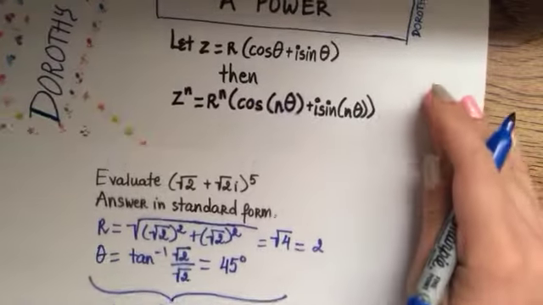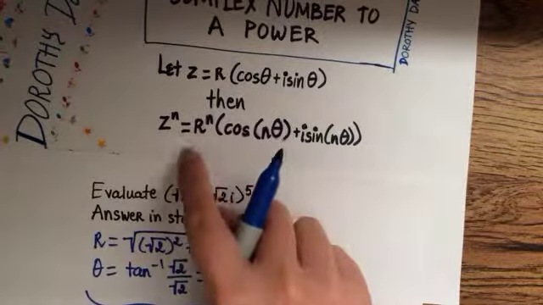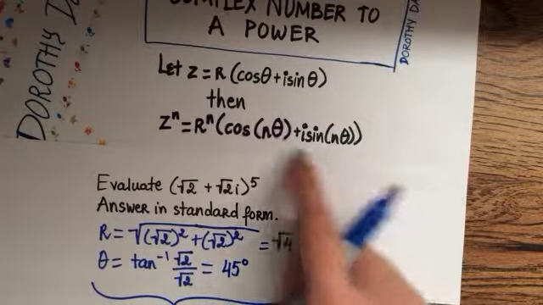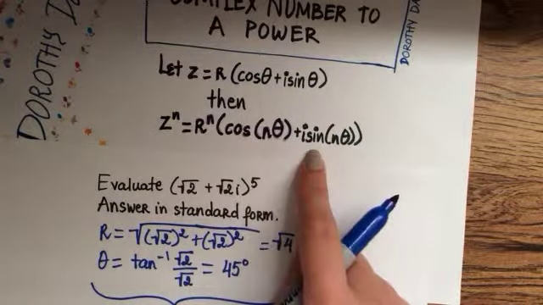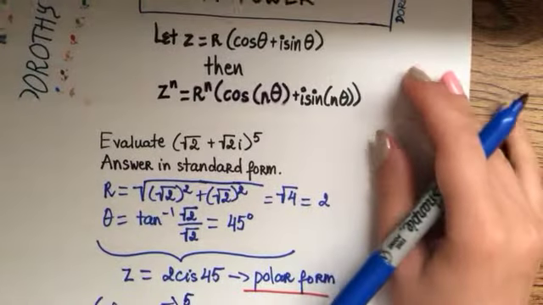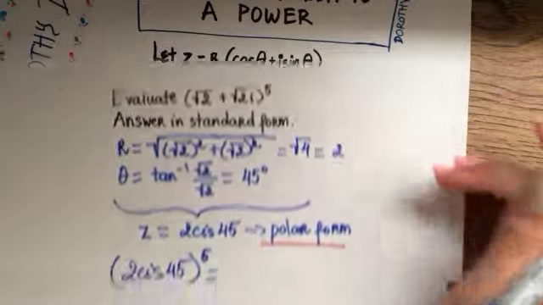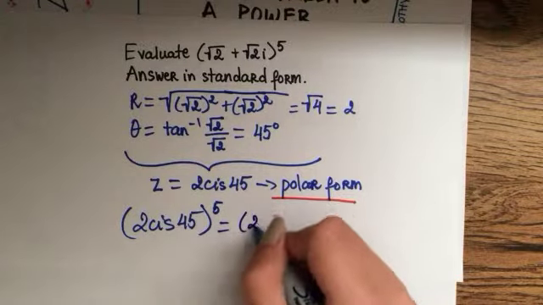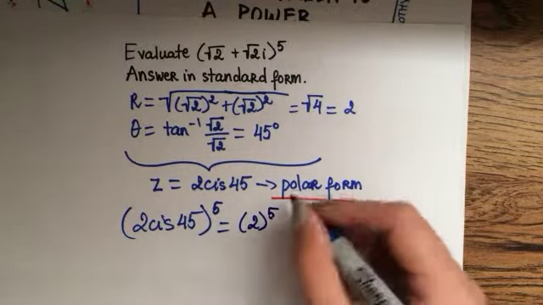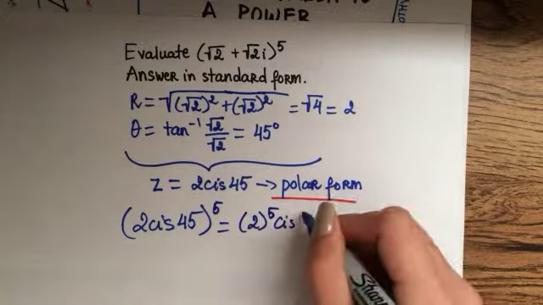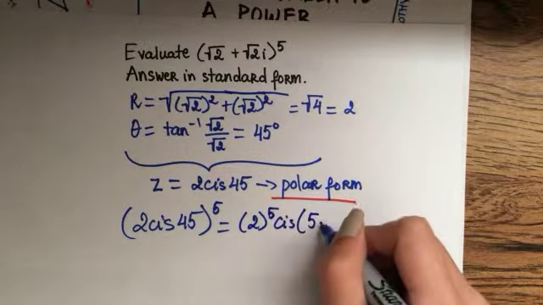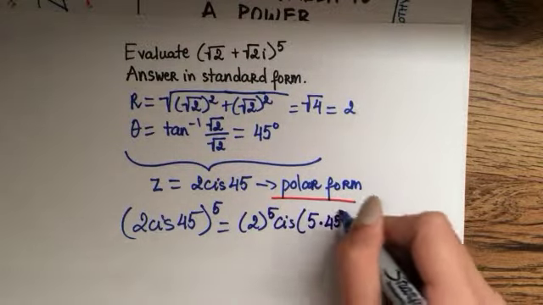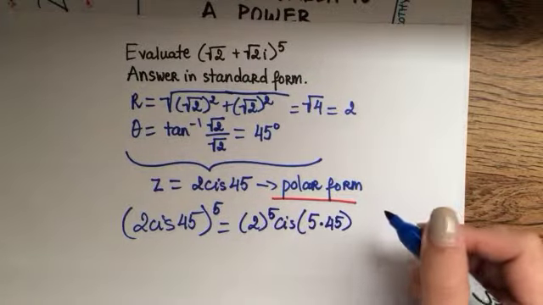Then you use your original formula, right out here, but instead of writing cosine and sine, I'm just going to make it simpler and write cos. So you're going to have 2 to the fifth, cos of 5 multiplied by 45, which is your theta.